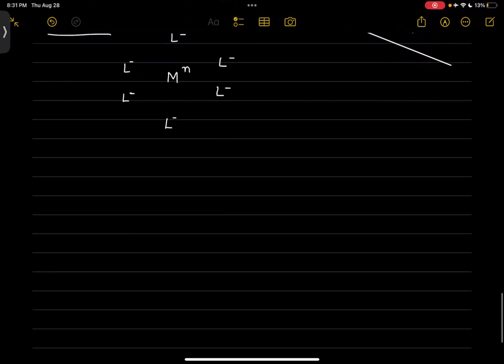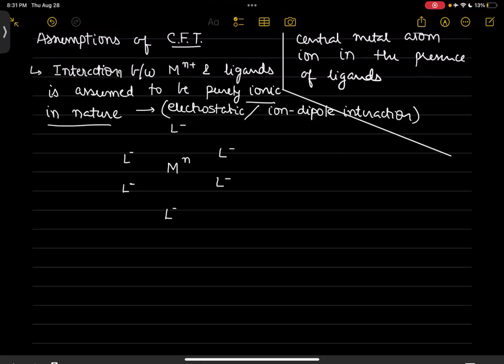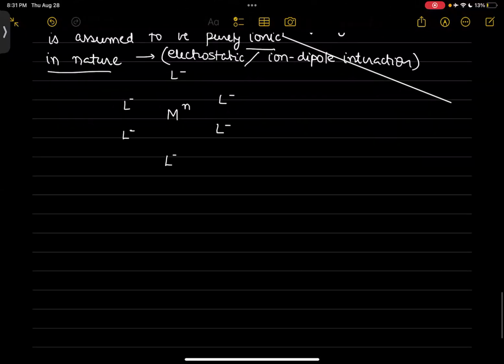Whenever the metal ion is in the isolated state, the d orbitals of the 3d subshell are of equal energy.